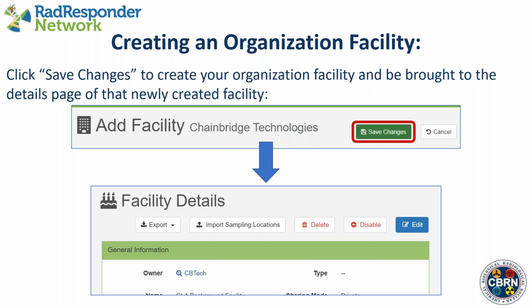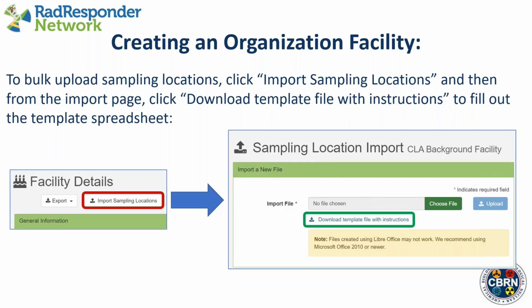I'll click Save Changes. Once I click Save Changes, I'll be brought to my facility details page where I can add my sampling locations. From the top of my facility details page, I will click that Import Sampling Locations button to be brought to the sampling location import page. From here, I'll click the Download Template File with instructions to fill out that spreadsheet with all of my sampling locations.